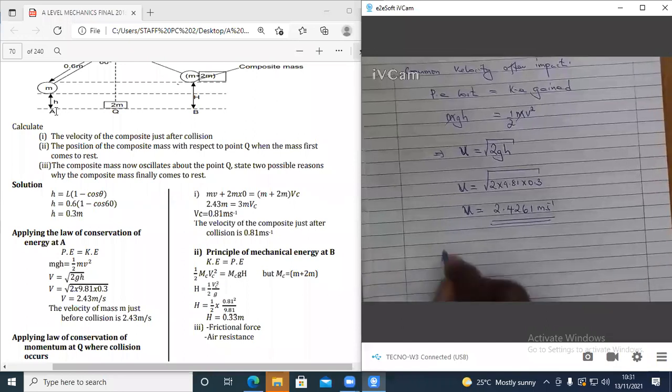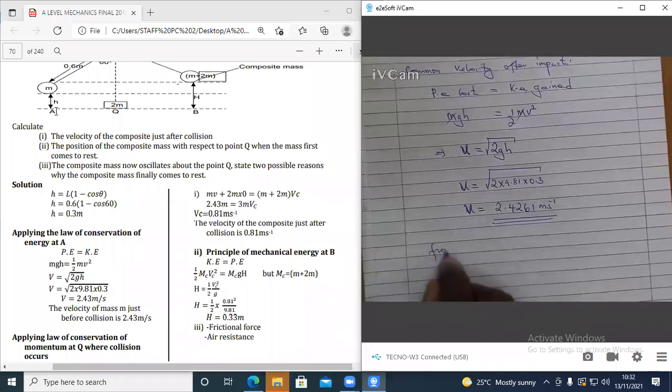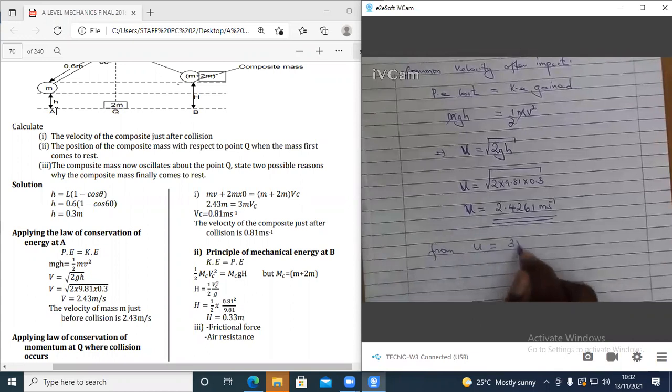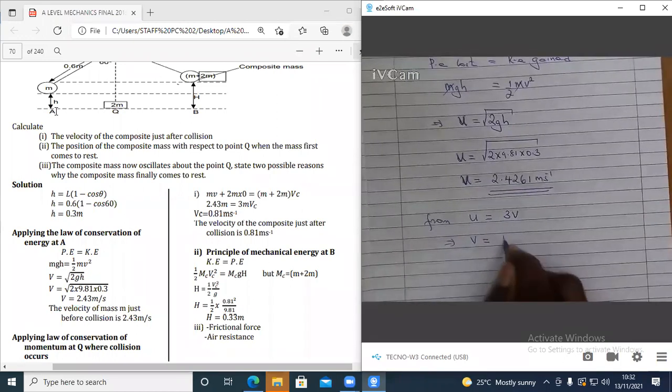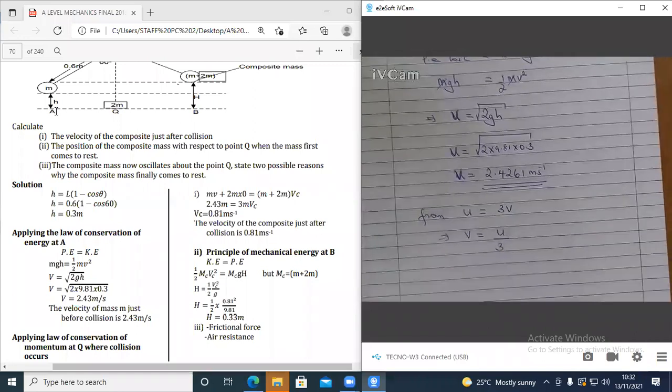So from u equals 3v, it implies that v is equal to u over 3.